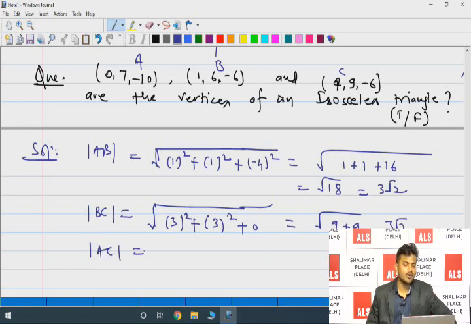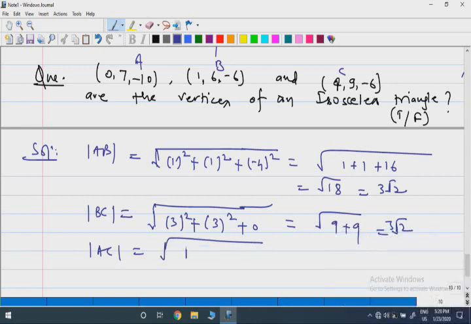Lastly, mod AC will be 4 square plus 2 square plus 4 square. 16 plus 16, 32, plus 4, 36, which is 6, right? So two distances we are getting are 3 root 2 and 3 root 2, and one distance is 6.